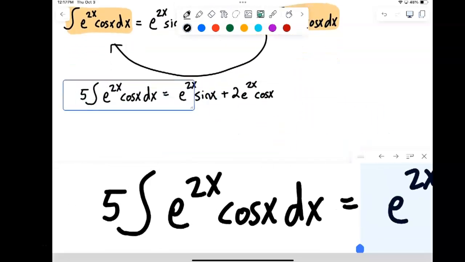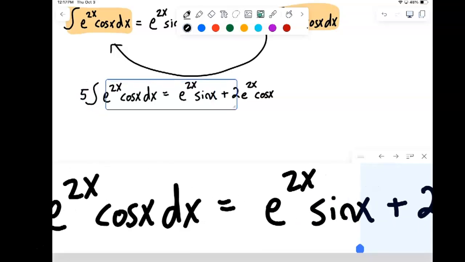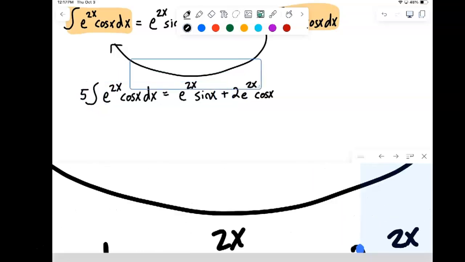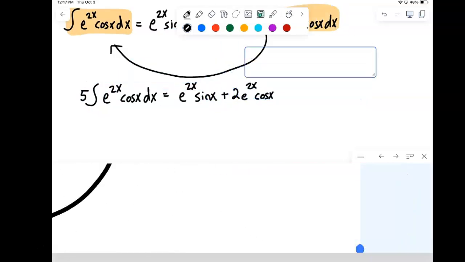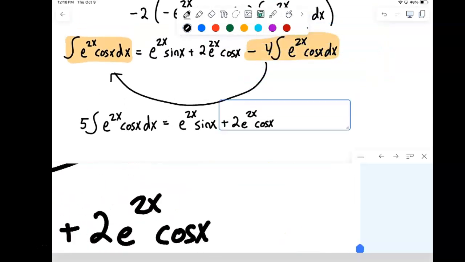And then we just have to divide by 5, and don't forget to include the constant of integration, because these integrals had constants, I just hadn't been bothering to write them down.